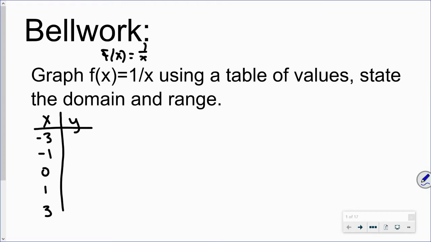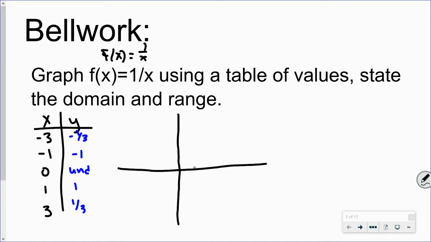When I take these x values and plug them in, I get -1/3, -1. 0 is actually undefined because it's 1 over 0. 1 over 1 is 1, and 1 over 3 is 1/3. Okay, so when we go to graph this, we have a unique situation here.